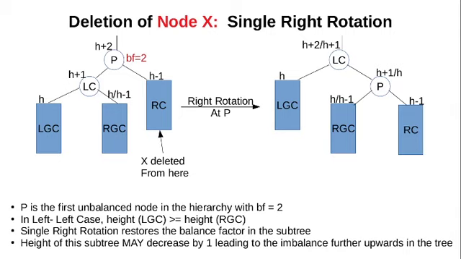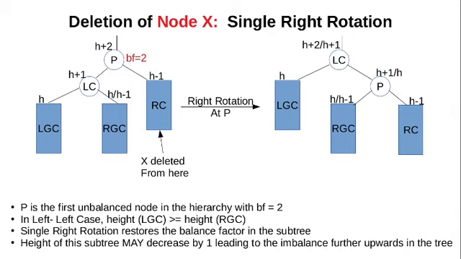When we do the right rotation at P, the LC moves upwards and P falls on its right. Note that this rearrangement does not violate the binary search tree property, as the value of P is greater than the value of LC. Now we need to adjust RGC, the right subtree of LC.